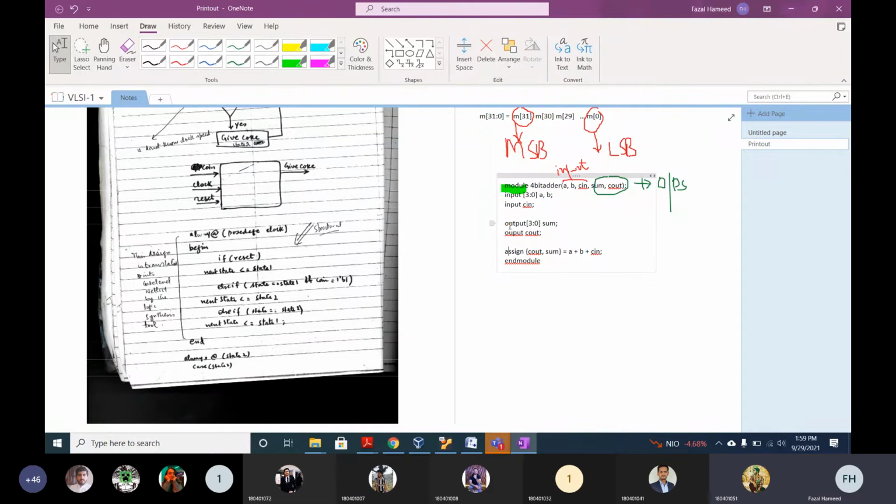And if you want to design a 4-bit adder, what's the approach that you use in your digital logic design? Yes, you cascade different adders in a cascaded fashion, where the C out of one adder is the C input of the next adder stage.